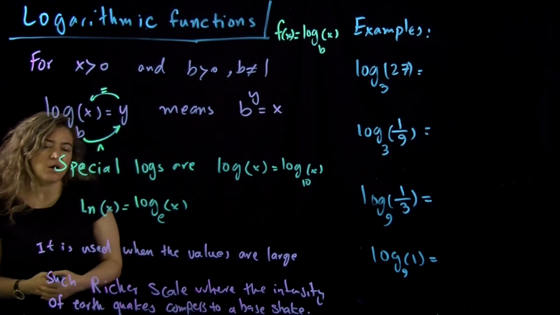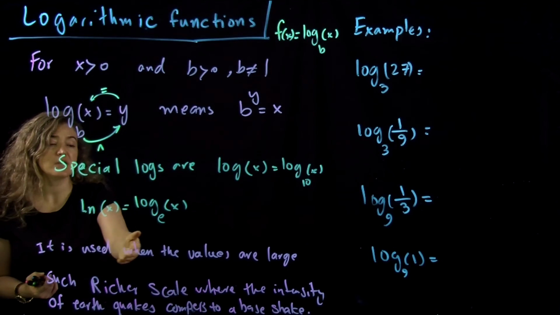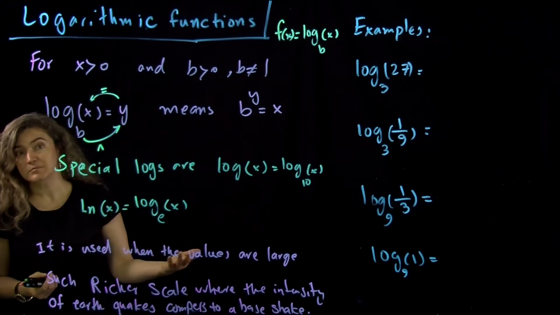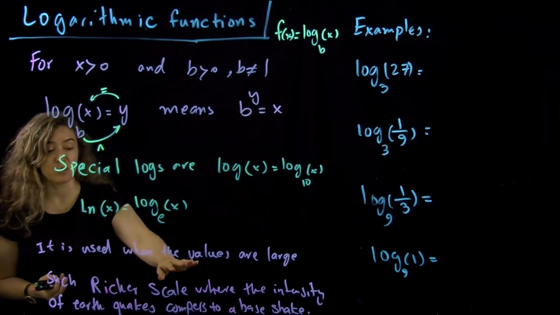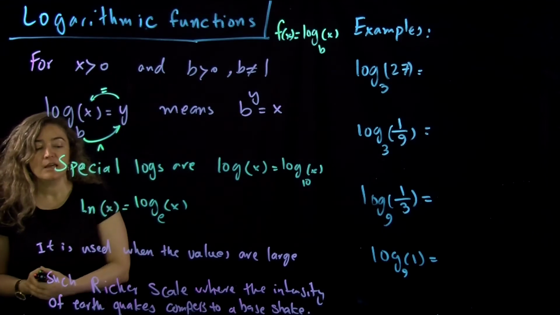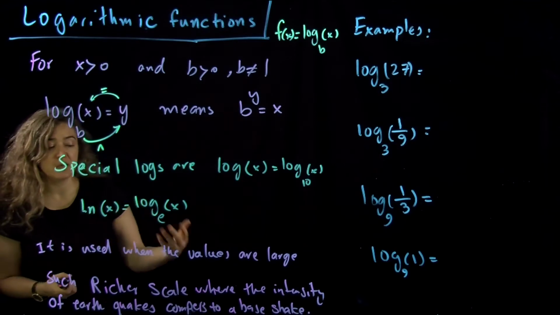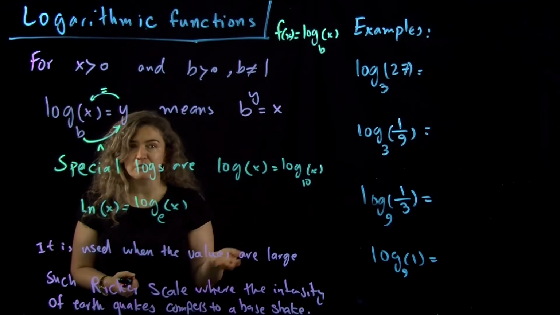Logarithm is used when values are large. One of the instances that we use logarithm is when values are large. An example that we can find easily is the Richter scale, where the intensity of an earthquake is being compared to a base shake, which is not very strong.